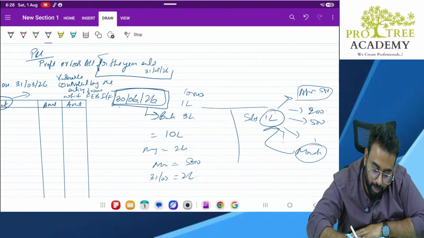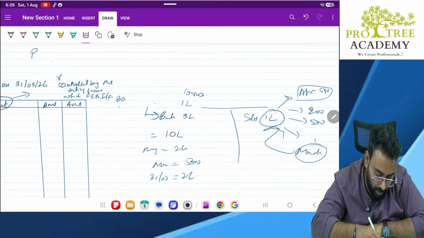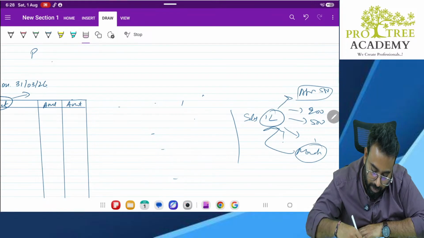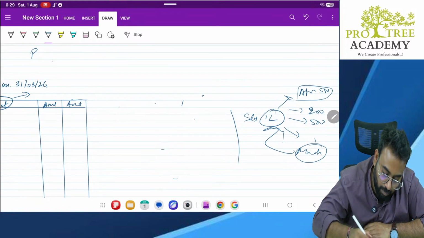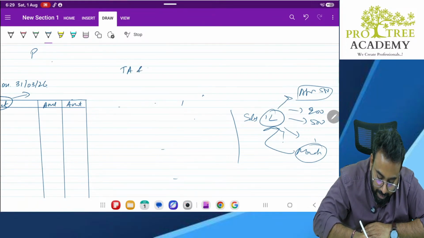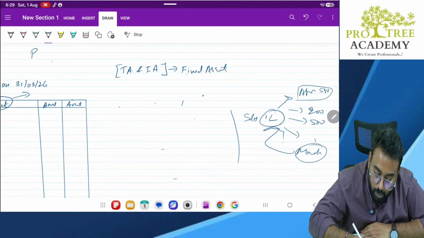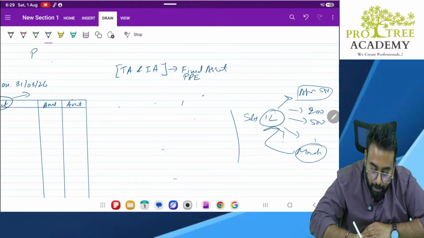Sir, in the last class, we discussed tangible asset and intangible asset. Now, this tangible and intangible asset put together is called fixed assets, or the right word as per accounting standard is PPE. Sir, what is PPE?